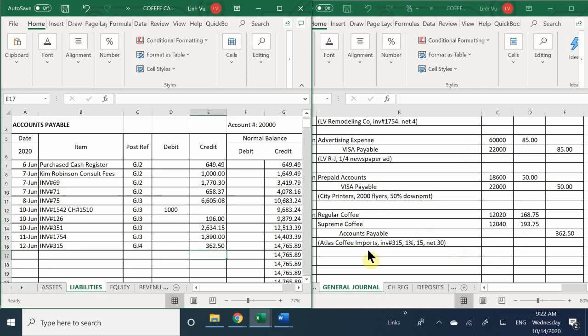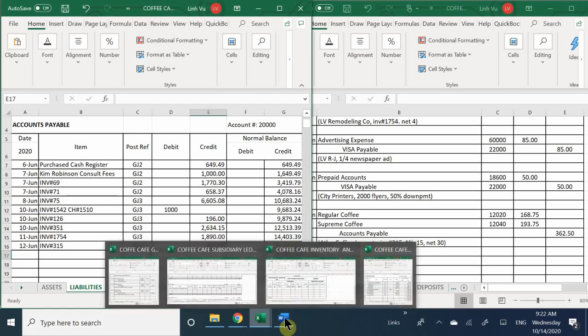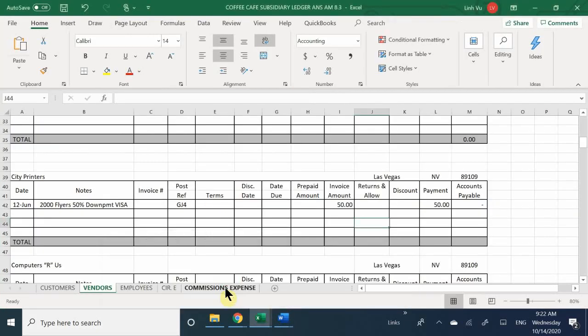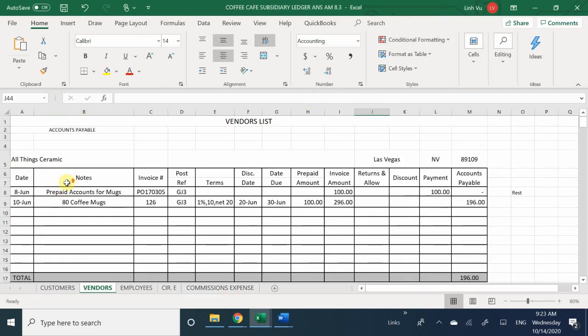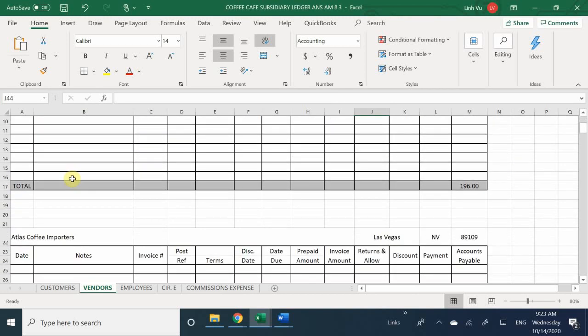So the next thing that we have to do is go to our subsidiary ledger. We need to make sure that we place our information in the subsidiary ledger in case something were to happen, whether we had returns. We do have a discount period, so if we pay within the discount period, at least we know. Okay. So this should be page 3, or it could be page 4.